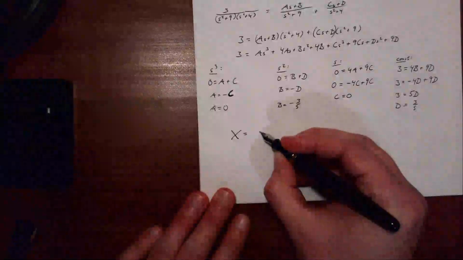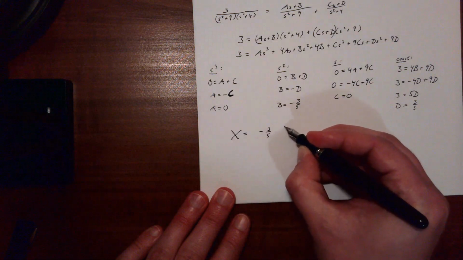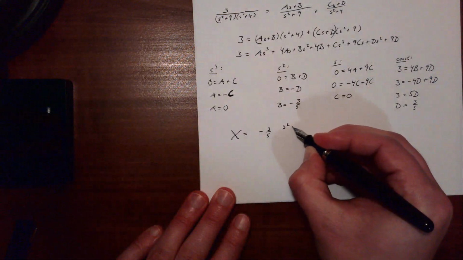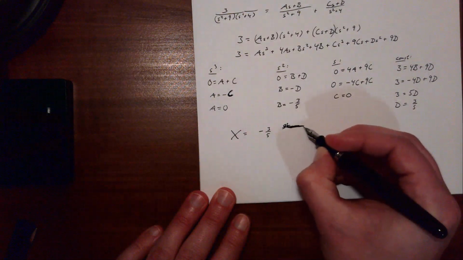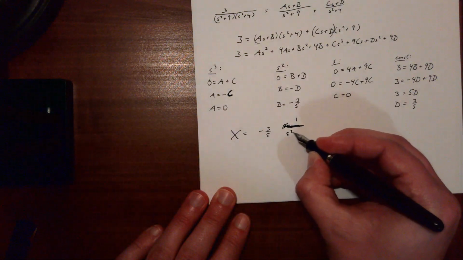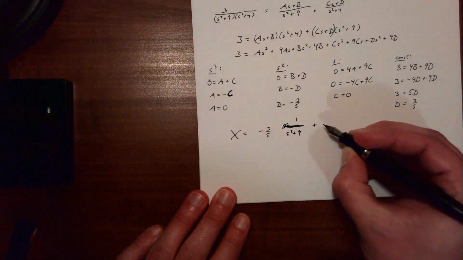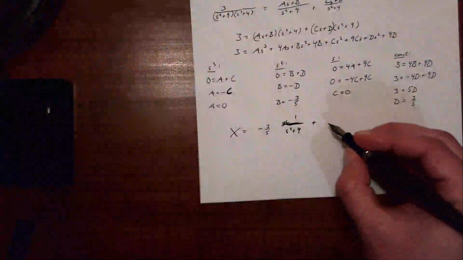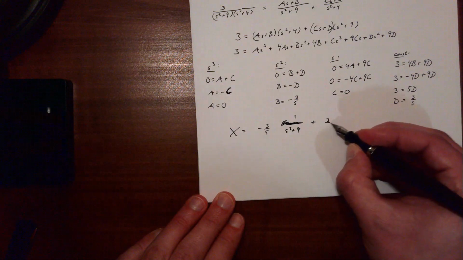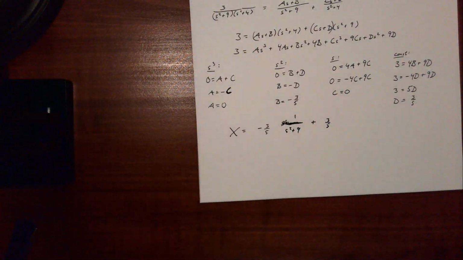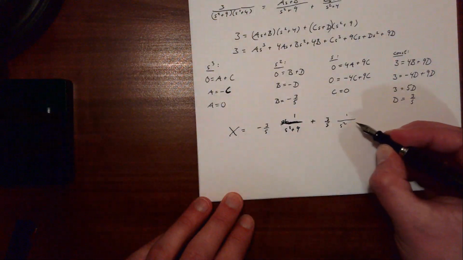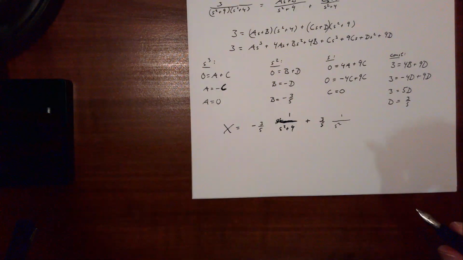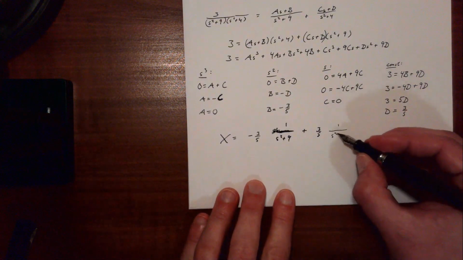B was the constant, so I'll put negative 3 over 5 times 1 over s squared plus 9, plus positive 3 over 5 times 1 over s squared plus 4.